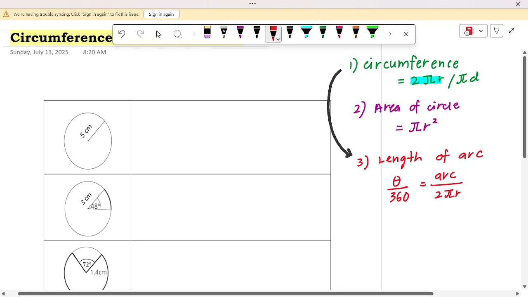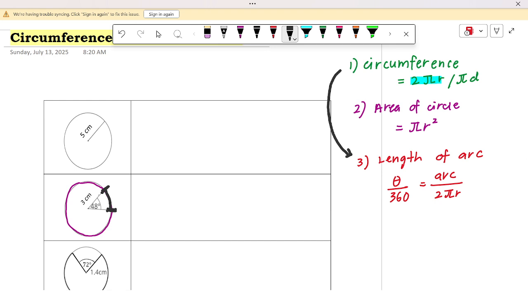Why are we using 2 pi r? Because this is referring to the whole circle's circumference, and arc means just a small part. Can you see? This whole thing is the circumference, whereas arc is only a small part from here. So we take the angle given, and we still use the formula of circumference, which is 2 pi r.